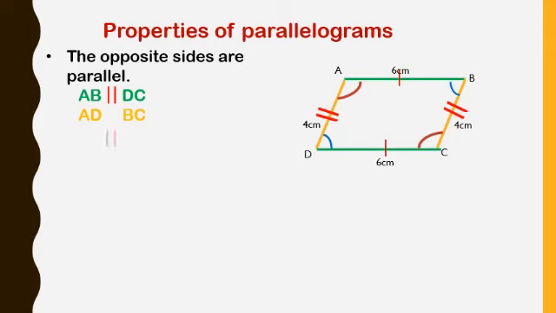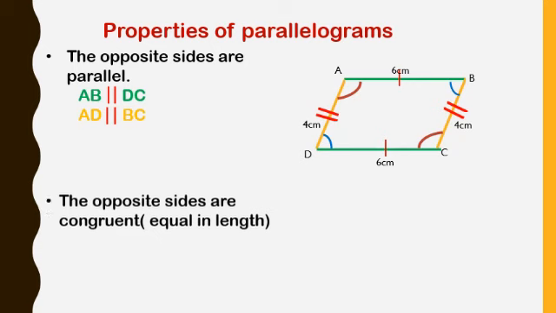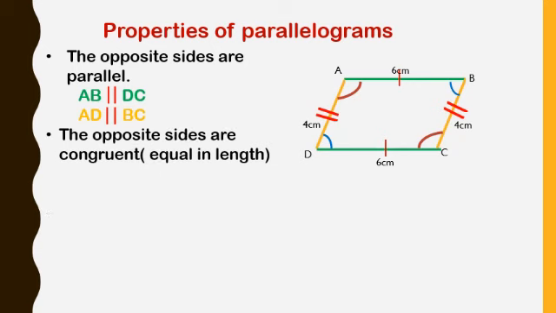So we can write AD parallel BC. Next property: the opposite sides are congruent, or opposite sides are equal in length. In the figure you can see AB equal to DC equal to 6 centimeters and AD equal to BC equal to 4 centimeters.